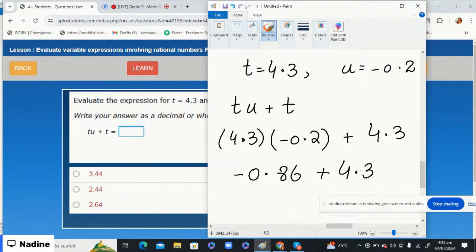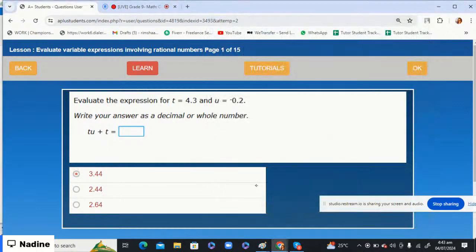So plus minus is minus. Got it? Which number do you put the sign with? You put the sign of the greatest number. The greatest number is 4.3, which is positive, so we are not going to put any negative sign with it. That is 3.44, your answer.